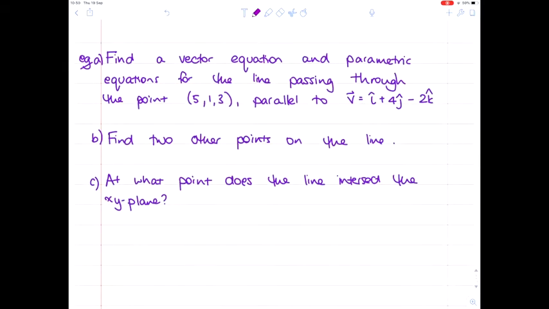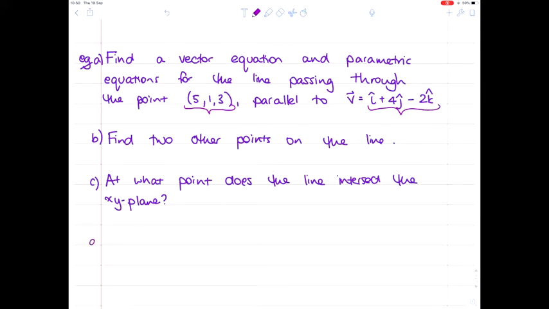So let's use what we've got to find a vector equation and also the parametric equations for the line passing through the point 5, 1, 3 parallel to the vector i hat plus 4j hat minus 2k hat. Notice we have a point on the line over here, and we have a direction vector.